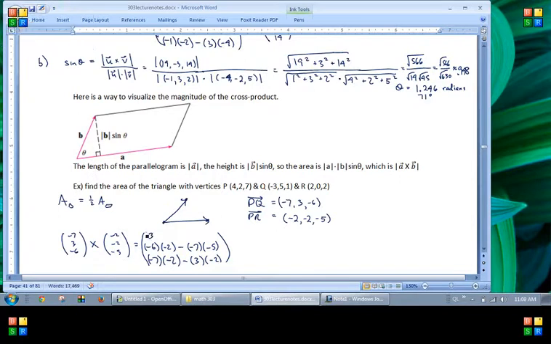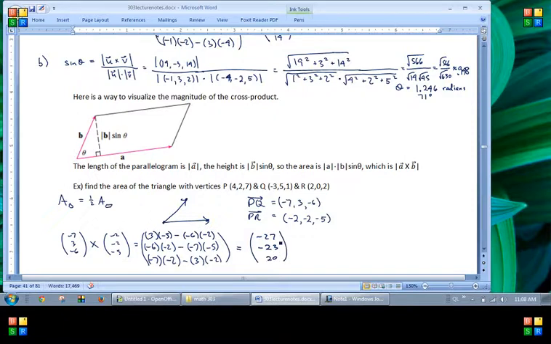This is 3, negative 5 minus negative 6, negative 2. Okay. So we do all the arithmetic here, and you get negative 27 and 12 minus 35, so negative 23, and then 14 plus 6, which is 20.